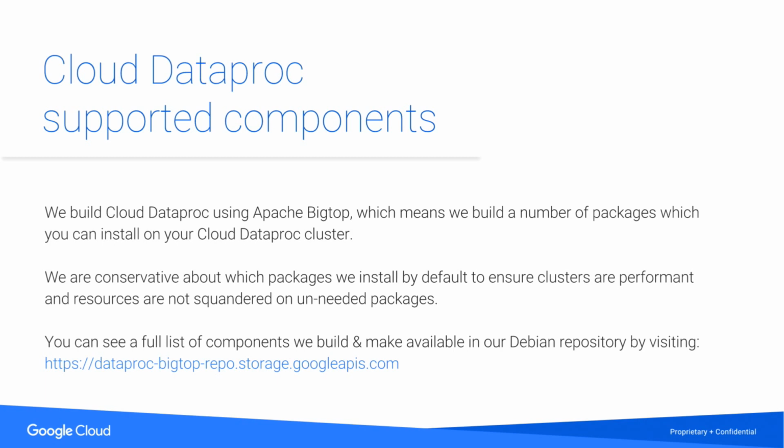We don't want to convolute your cluster by installing multiple components. What we give is the standard installation, which comes with the most commonly used components like Hive, Pig, Spark. Apart from that, we don't stop you from installing any other component on your Dataproc cluster.